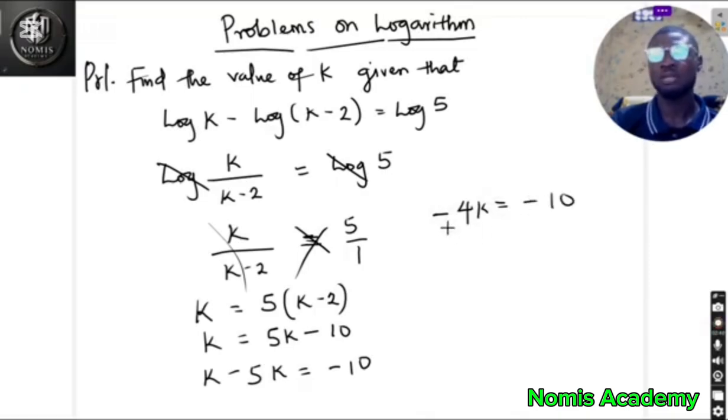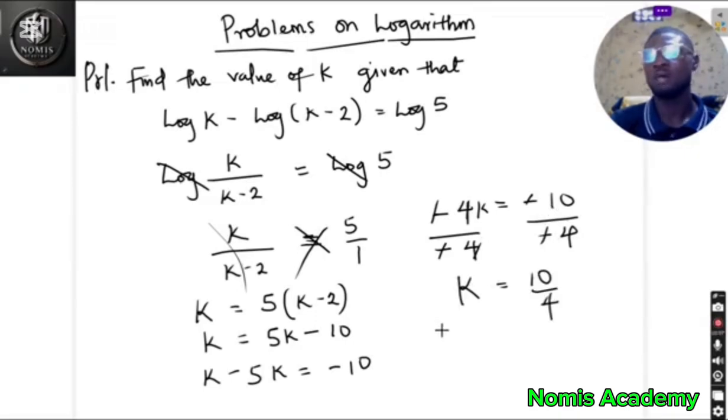What do we do here to make k the subject of the formula? Correct, we divide both sides by minus 4. Minus cancels minus, 4 cancels 4, and we are left with k equals 10 over 4.